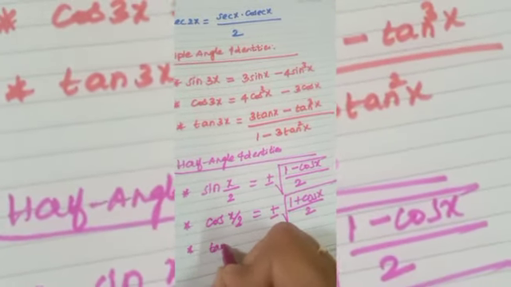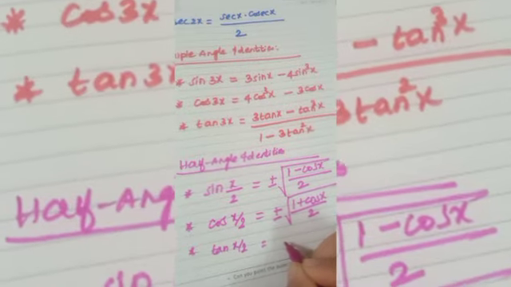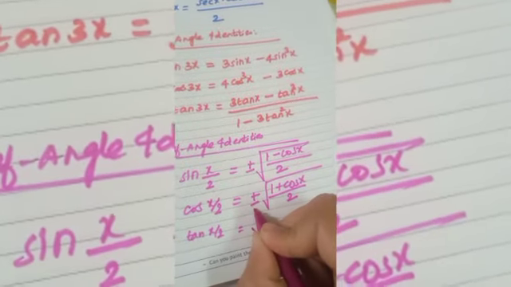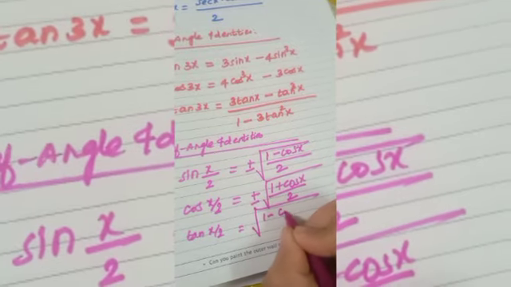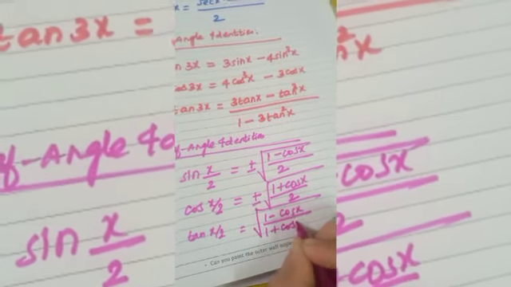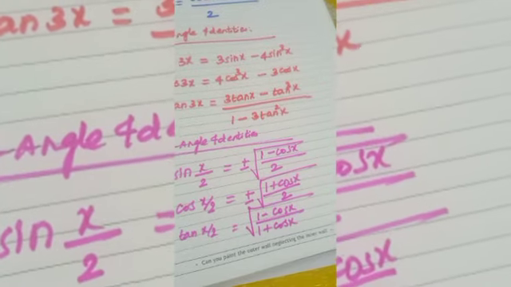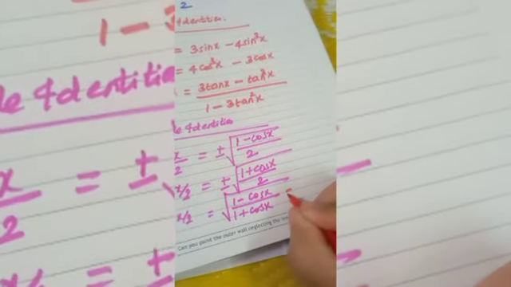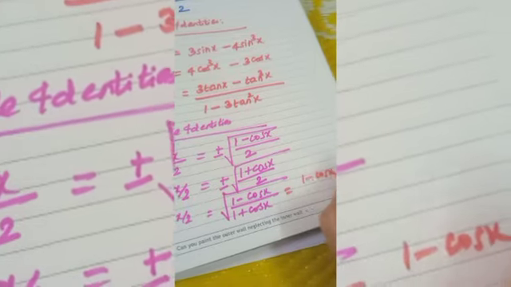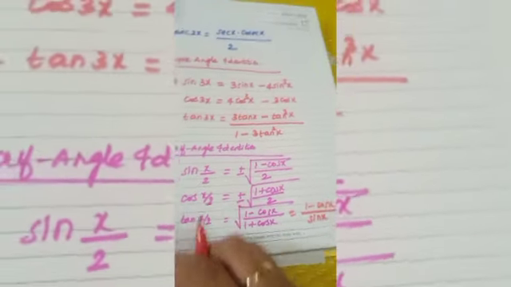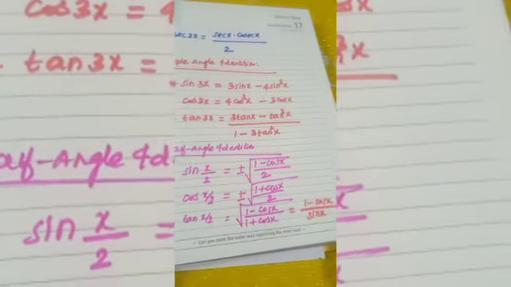The next one, tan x by 2 is equal to square root of 1 minus cos x by 1 plus cos x. On rationalizing the expression, we will get 1 minus cos x by sin x. So kindly make a note of it.